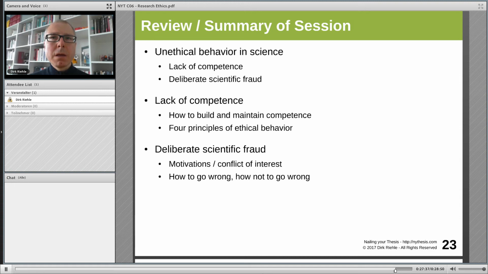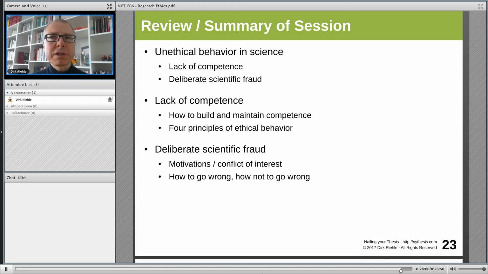So then, in this session, we looked at unethical behavior in science and the two main sources, lack of competence as well as deliberate scientific fraud. To counteract the lack of competence, you simply have to build and maintain that competence at the state-of-the-art best practices.